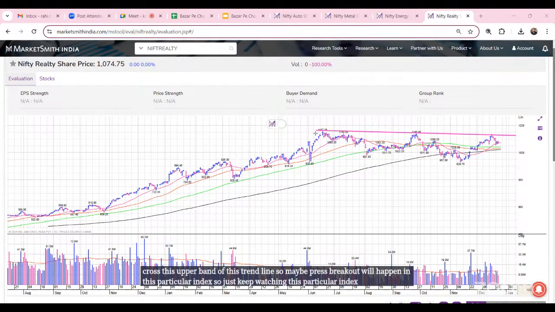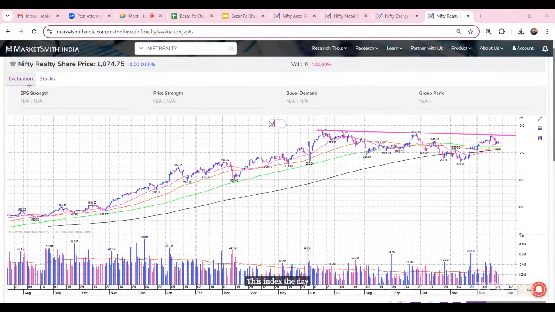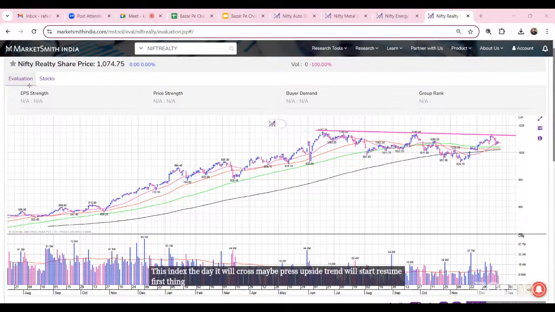Overall sentiment and trend bias is positive. In this index, the day it crosses, maybe a fresh upside trend will start or resume. Another thing is that government spending and everything is on affordable housing, the data coming from the realty companies, and the interest rate cut scenario may also boost the sentiment in this index.